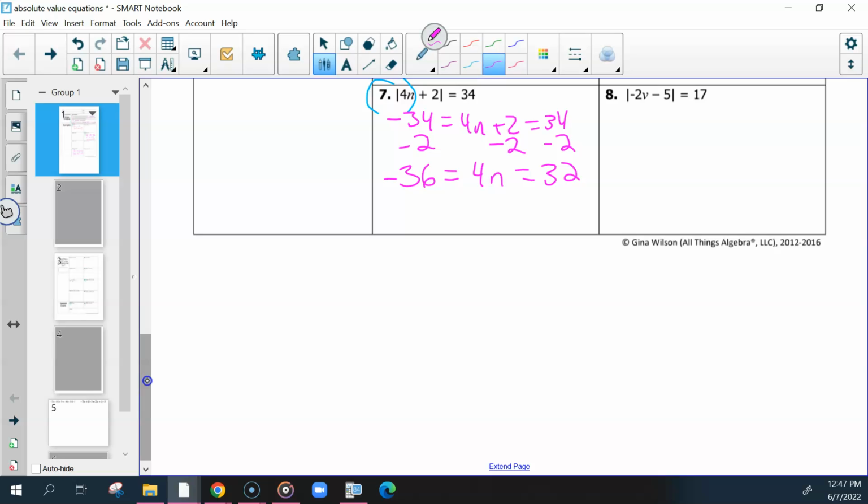And then divide everything by 4. Negative 9 equals n equals 8. And then our solutions would be n equals negative 9 and 8. Do we have any questions on that one?